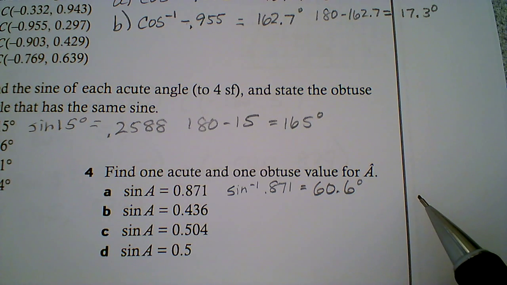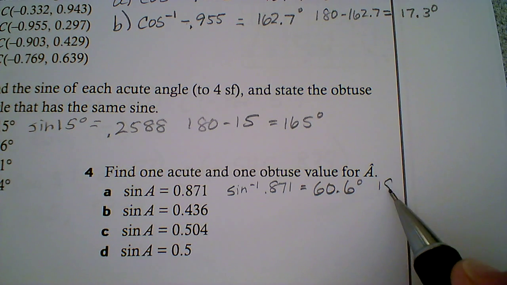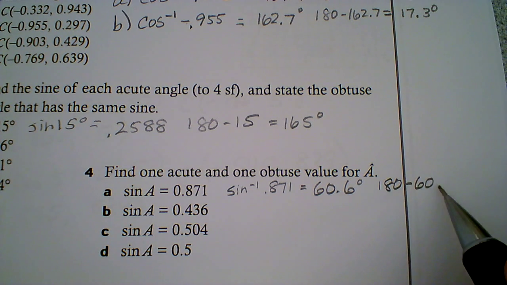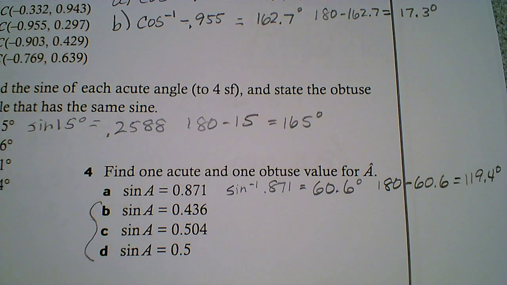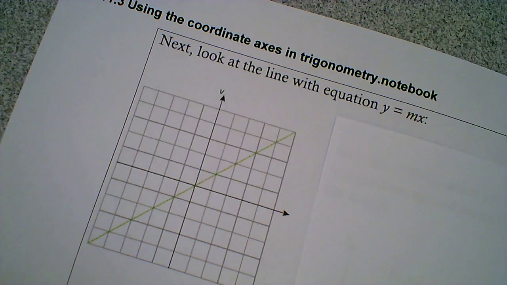And then to find the obtuse angle, I just subtract this from 180, and that gives us 119.4 degrees. So again, I want you to finish B, C, and D for homework. So pause the video and finish those.